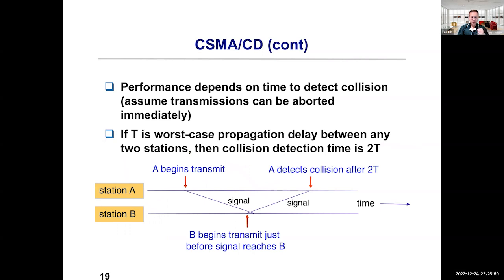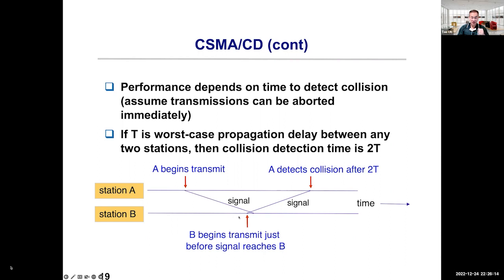So performance depends on the time to detect a collision. The worst case delay between 2 stations, with collision detection time, is 2t. So what happens is, when station A begins to transmit and nothing is being transmitted, it starts sending the signal.